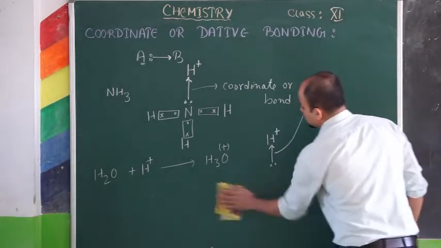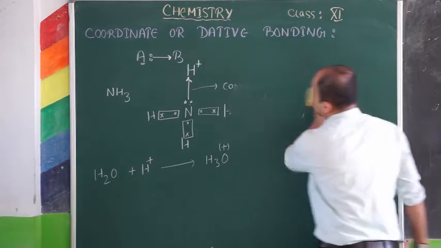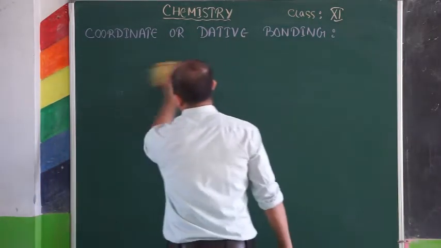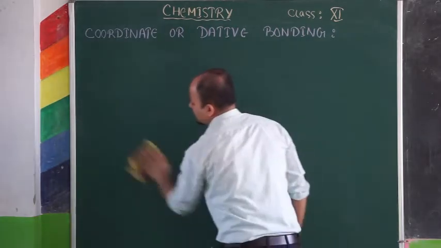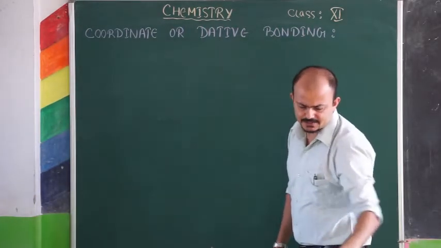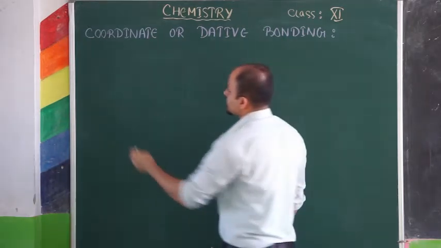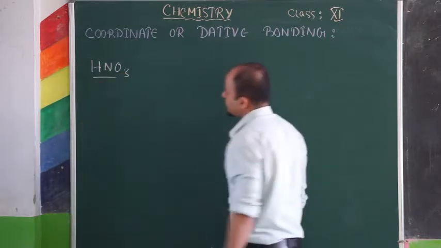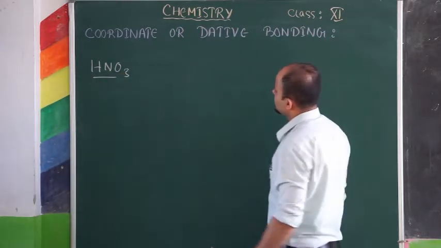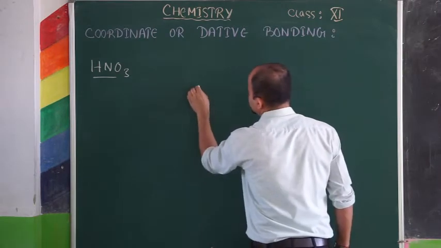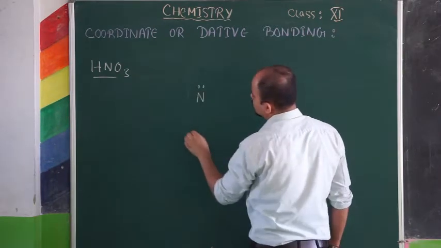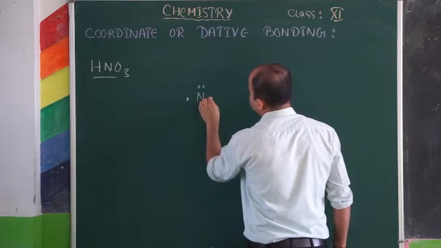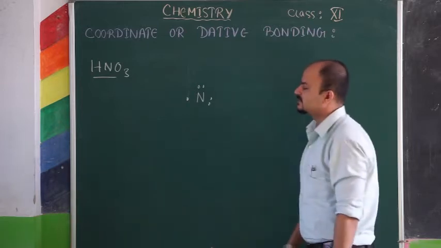Now let's discuss the electron structure of different compounds. Here we have nitric acid, HNO3. This is the formula for nitric acid. In this case, nitrogen has 5 electrons in its valence shell.